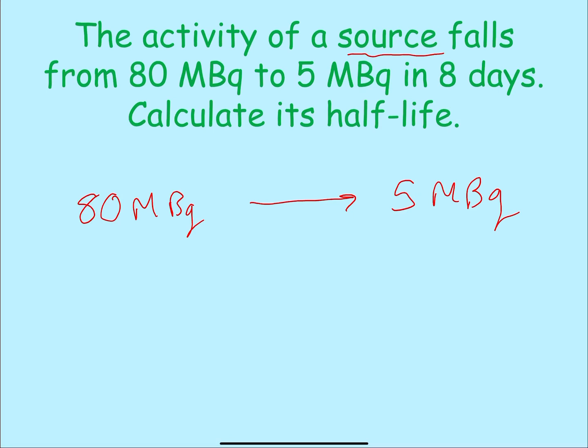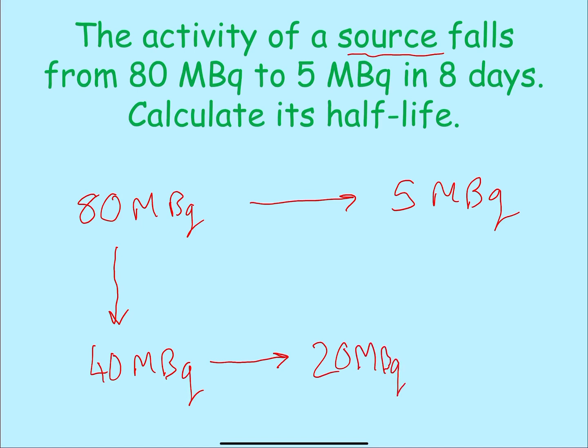So the best way to work this out is constantly half your number until you get to the second number. So 80 is going to half to 40. 40 is going to half to 20. 20 is going to half to 10.